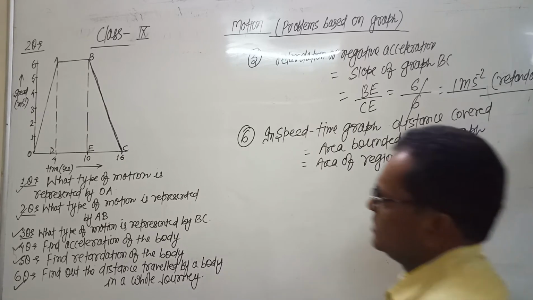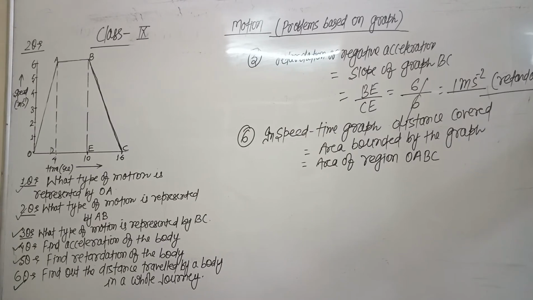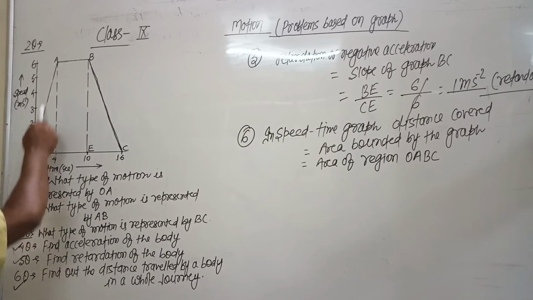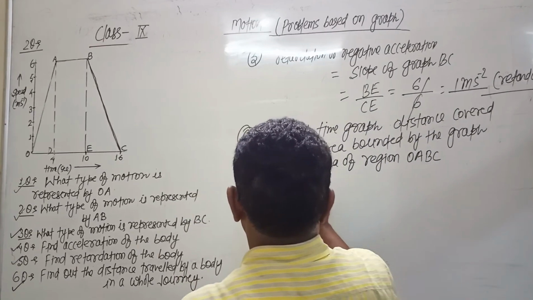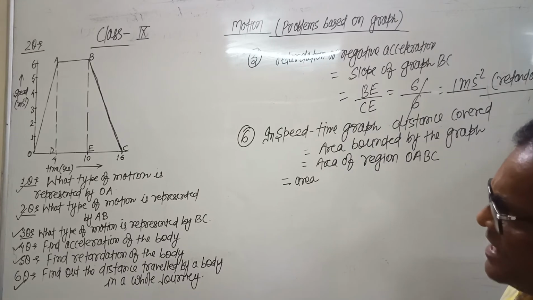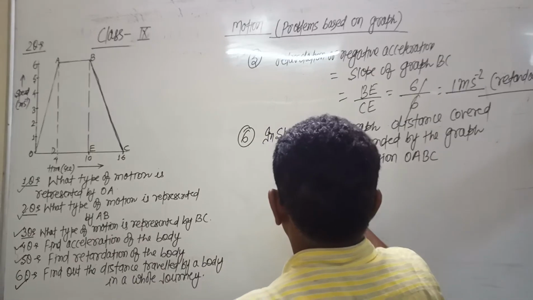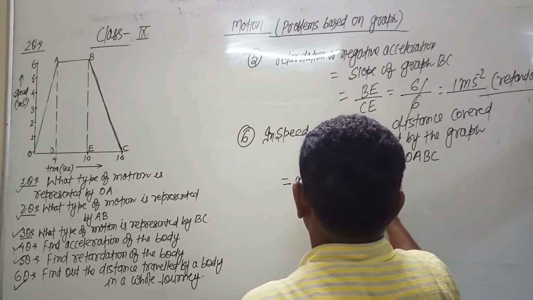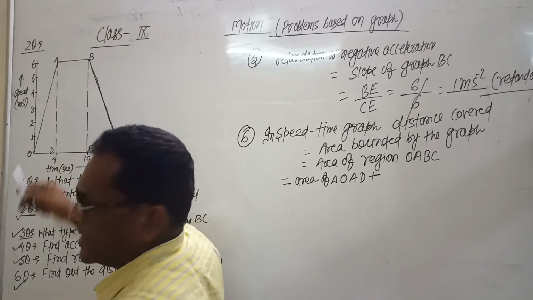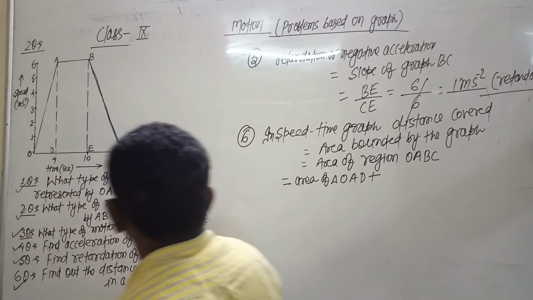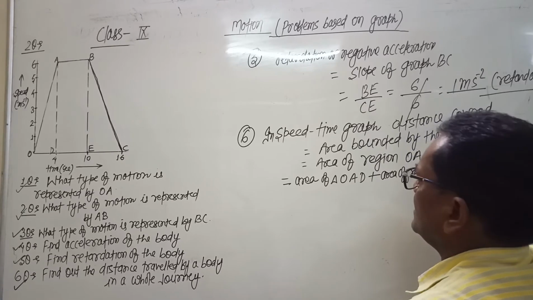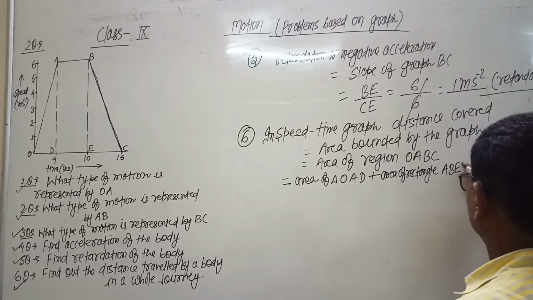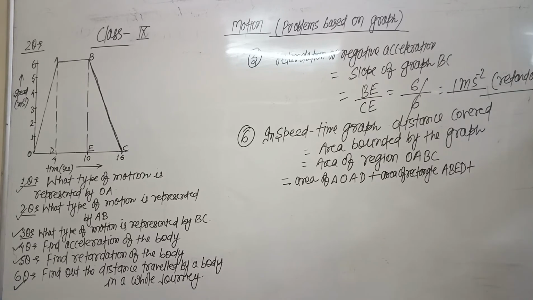Area OABC is written as the area of triangle OAD plus area of rectangle ABED plus area of triangle BEC.